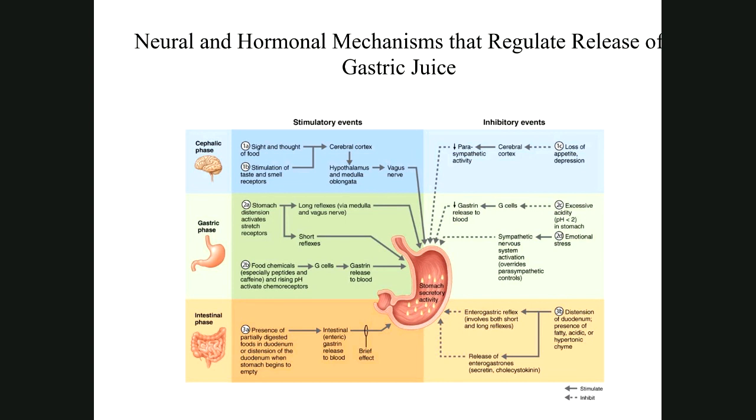There's a negative feedback mechanism. The more protein, the more HCl acid is secreted, causing a decline in the pH, which inhibits the gastrin secretions.